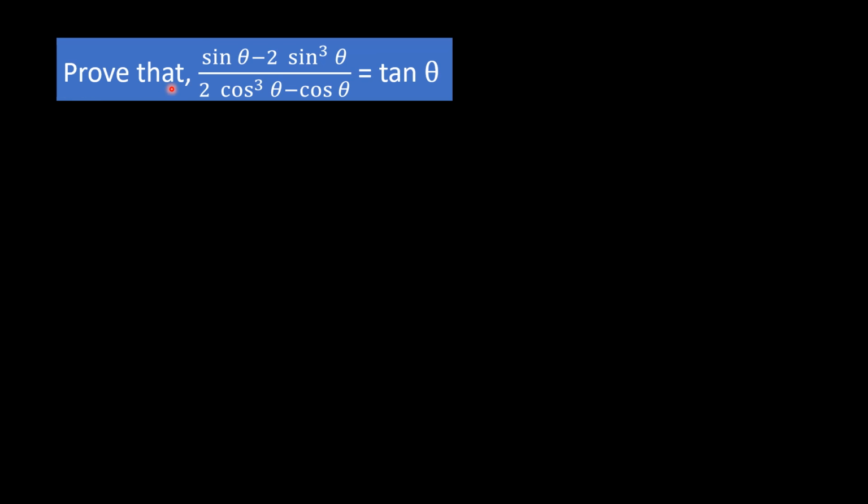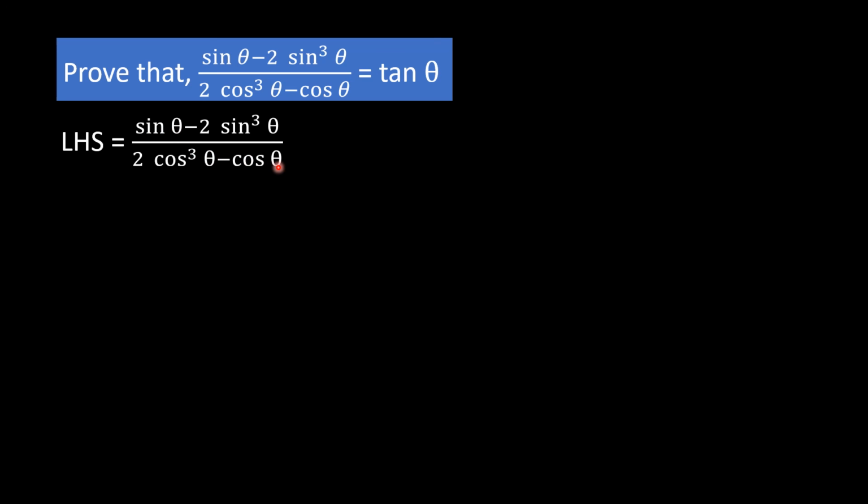Prove that sin theta minus 2 sin cube theta divided by 2 cos cube theta minus cos theta equals tan theta. We will write the left hand side first. Here there are cubic terms sin cube theta and cos cube theta, and there is sin theta and cos theta also.